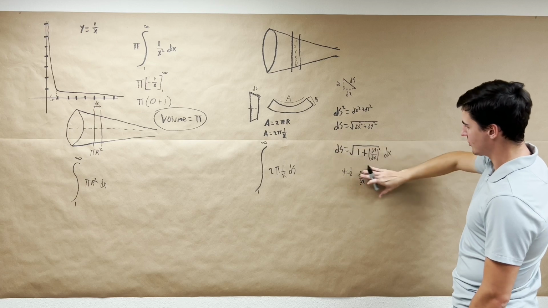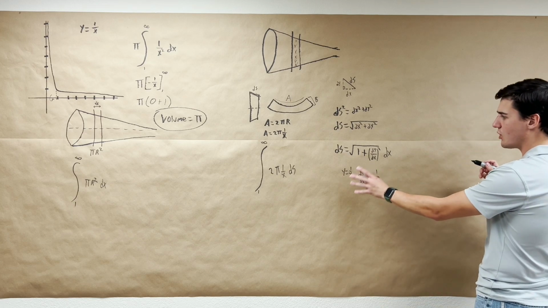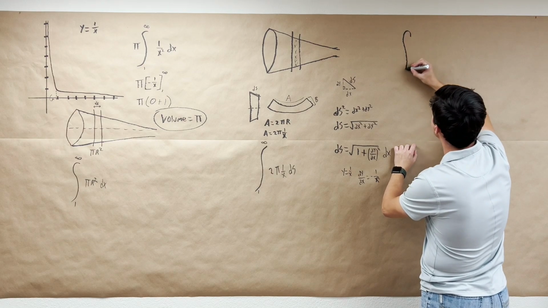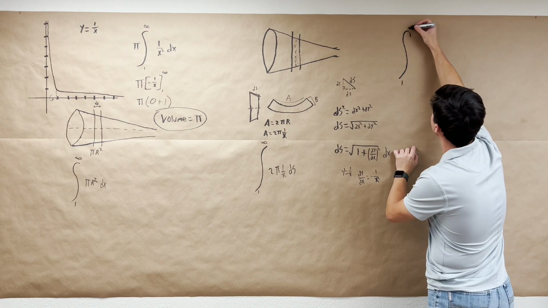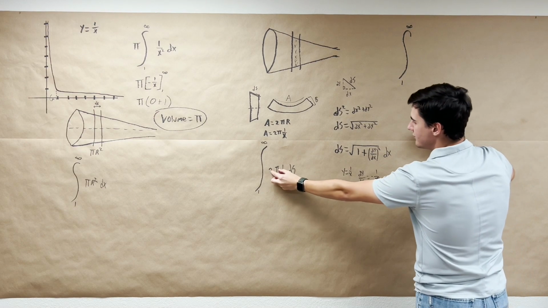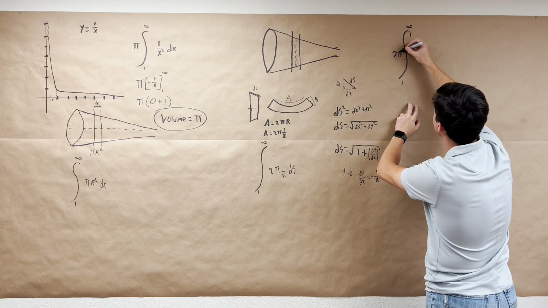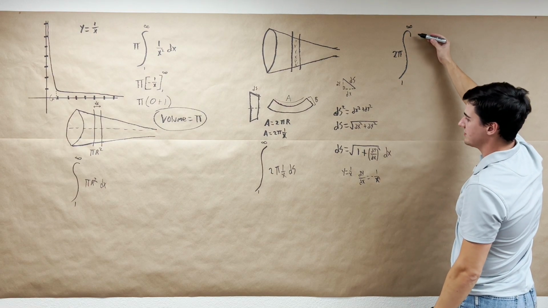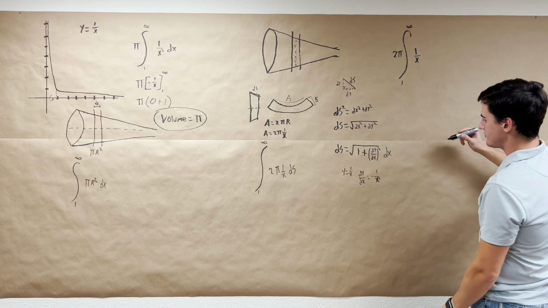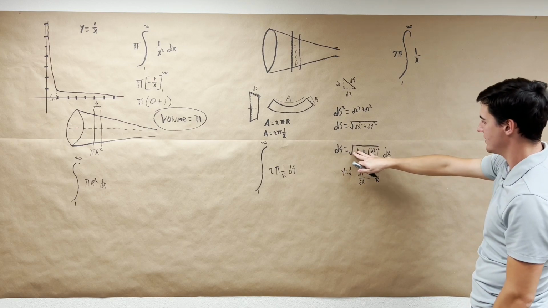That is our ds value. So we're going to substitute this back into this integral, and we're going to draw a new integral. So our final integral looks like this. The integral from 1 to infinity, and just like we did over there, we're going to remove this 2 pi because it is a constant. 2 pi times the integral from 1 to infinity of 1 over x. And then remember, we had ds here, but we now know that ds equals this value.